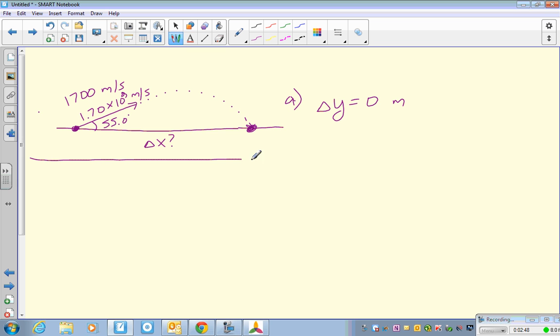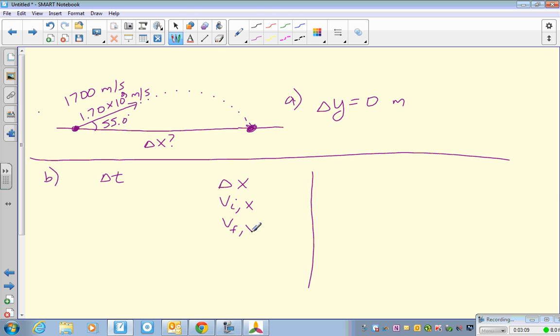For part B, they ask, find the amount of time the shell is in motion. So we're looking for delta t. Well, after doing part A, you know delta x. You also should know v initial in the x direction. You also know v final in the x direction because these guys are the same.